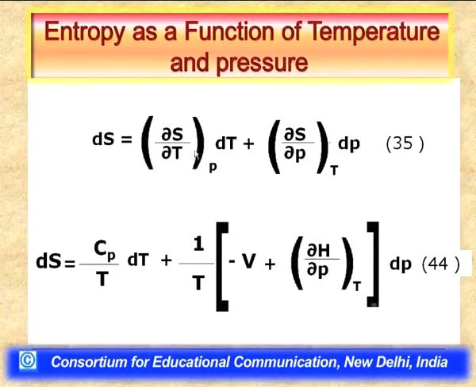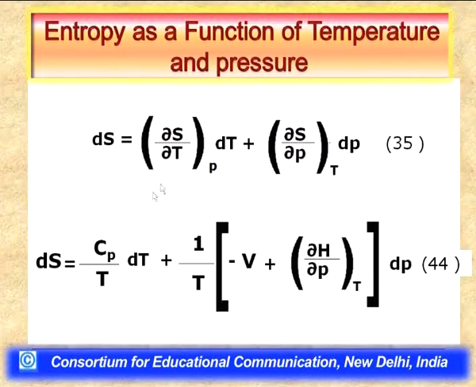Now, compare this equation with the one we had envisaged, that is dS equal to (∂S/∂T) at constant P dT plus (∂S/∂P) at constant T dP. This equation 35 has two differentials, dT and dP. In this equation 44, the modified fundamental equation of thermodynamics, this also has dT and dP.